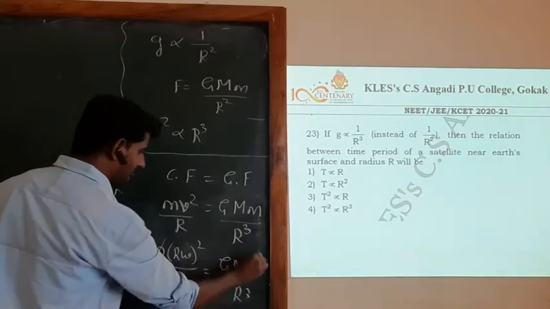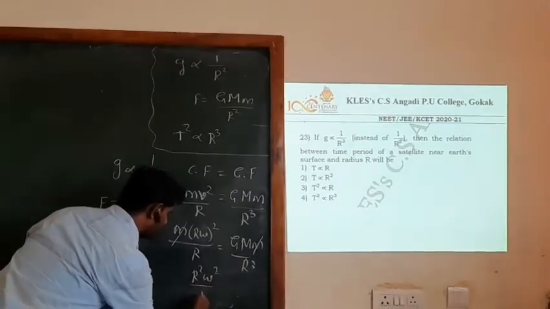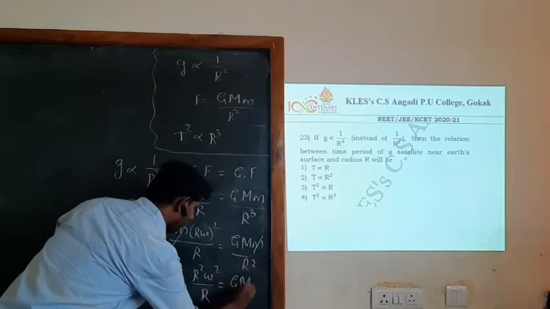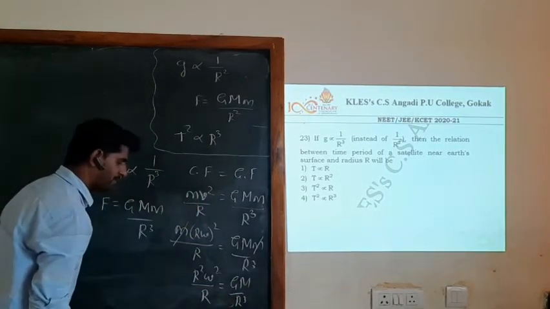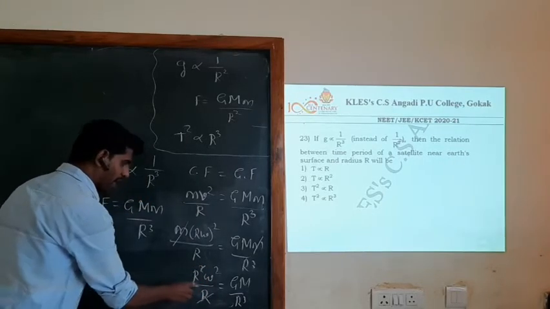Now this mass term and the mass term cancel. Here it is m r square omega square divided by r, equal to GM divided by r cube. Here there is an r term and an r square term. What are the remaining terms?